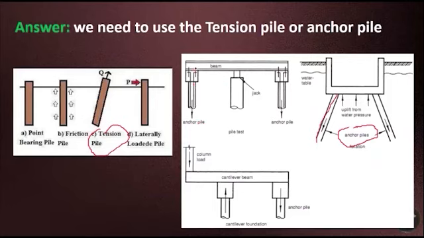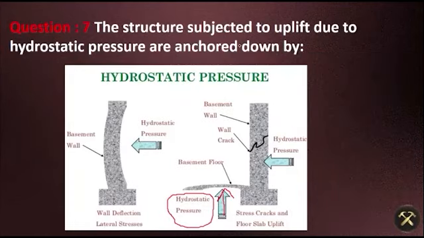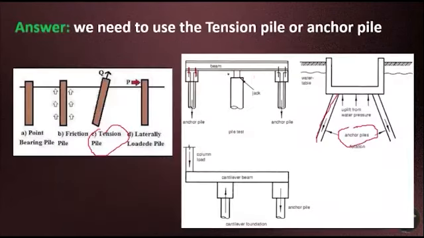How we make this piling is all related to the tension pile or anchor pile. But in our question, the structure subject to uplift due to hydrostatic pressure is anchored by tension pile or anchor pile, which is always in an inclined direction.